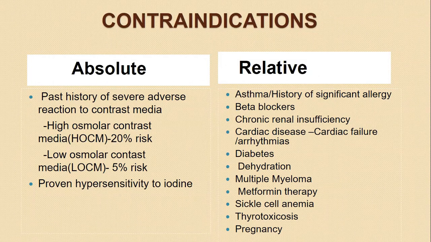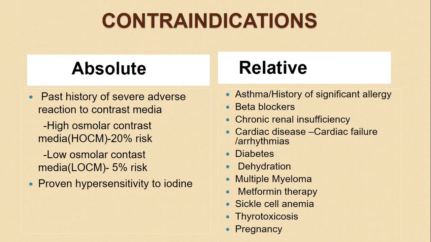The absolute contraindication is a past history of severe contrast media reaction, which with high osmolar contrast the risk is 20%, and with low osmolar the risk is 5%, and any proven hypersensitivity to iodine. The relative contraindications are asthmatic patients, beta blockers, chronic renal insufficiency, cardiac disease, diabetes.